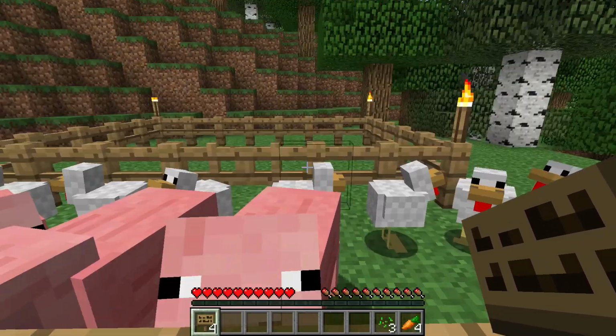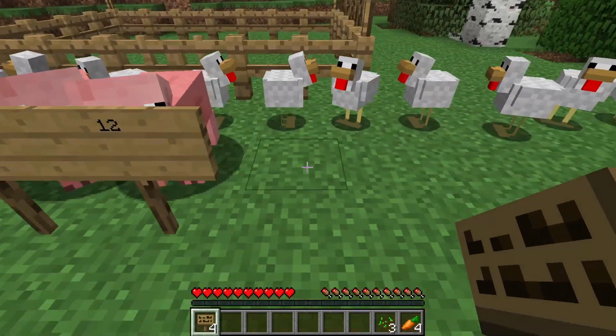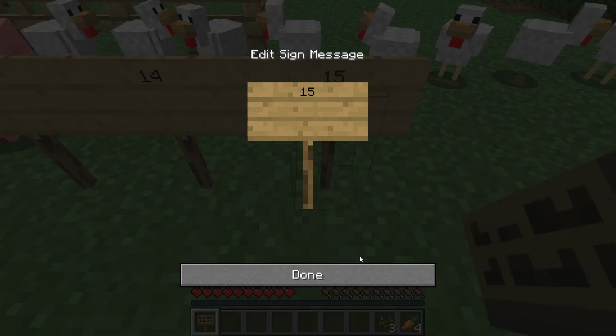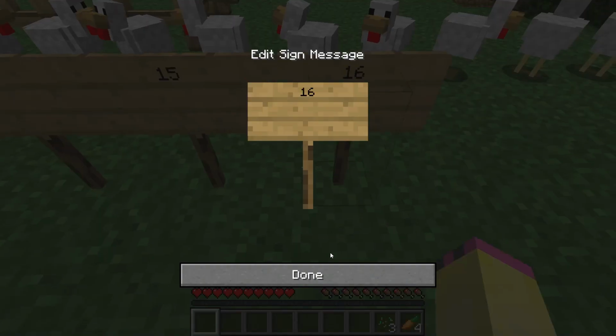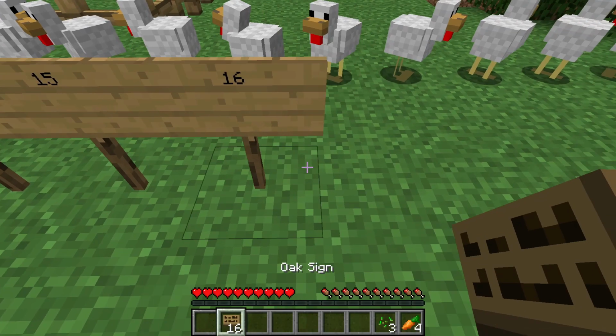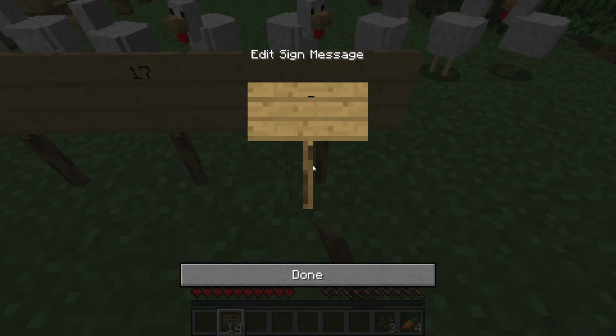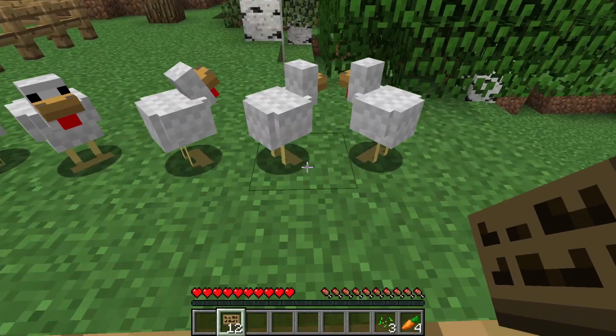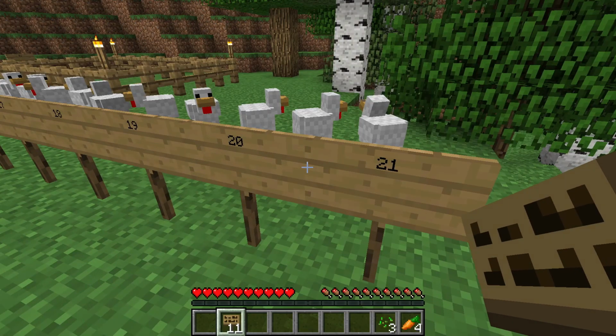That's the end of our pigs because we only have 12 pigs. 13, 14, 15, 16, 17, 18, 19, 20, and finally 21 chickens.